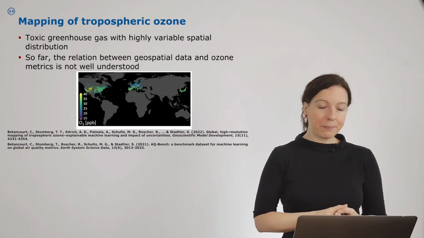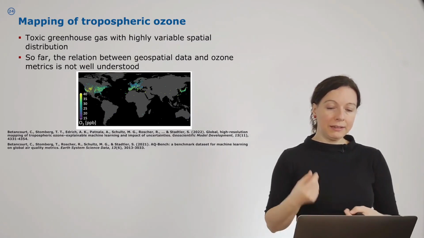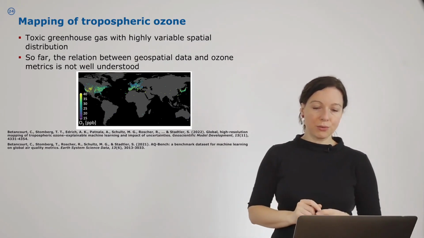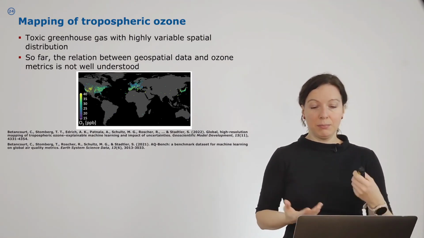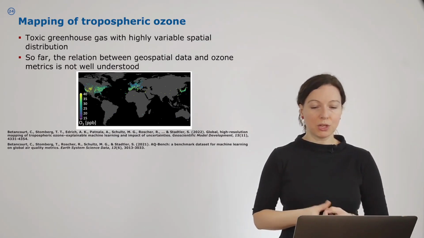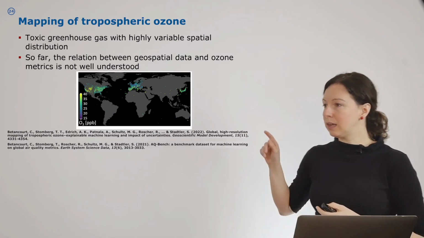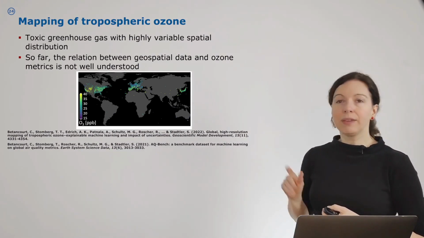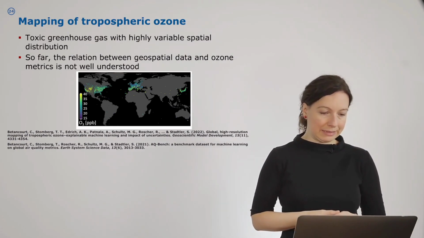Unfortunately, it's not so well understood so far, but fortunately, there are some research groups who developed a data set for it, so that we can have a deeper look into this relationship and develop models which can relate this geospatial data with ozone values. And you can find the data set here if you're interested in it, so you can play around with it.